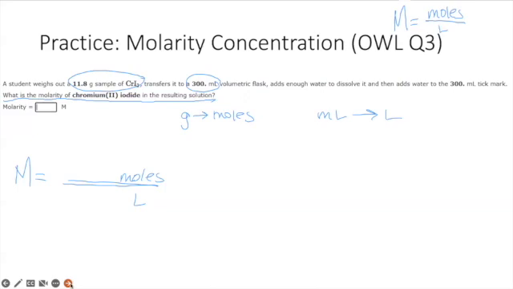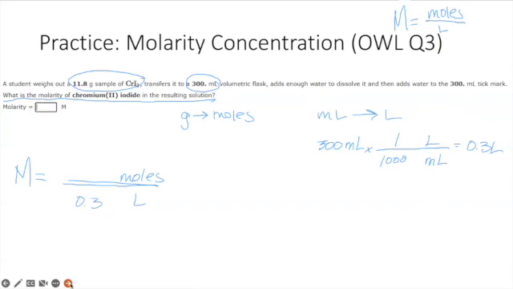Okay, so 300 milliliters. I want to divide by milliliters and get myself into liters. Which is bigger? 1 liter. And I know that there's 1,000 milliliters in 1 liter. So 300 divided by 1,000 is 0.3 liters. So now I have my bottom number.